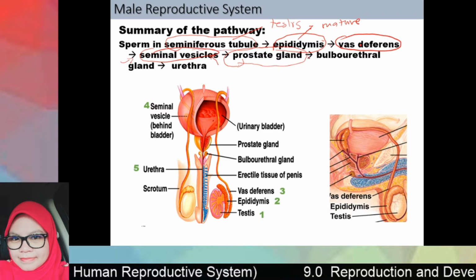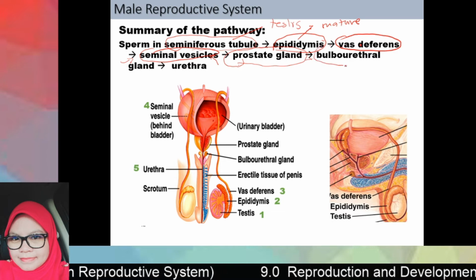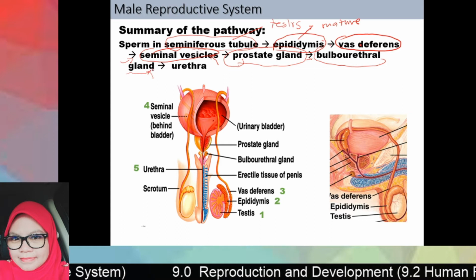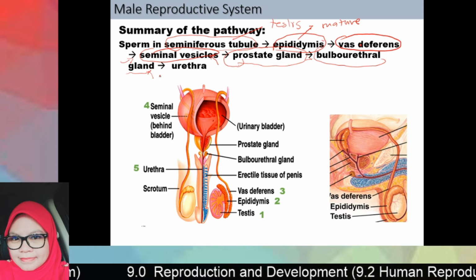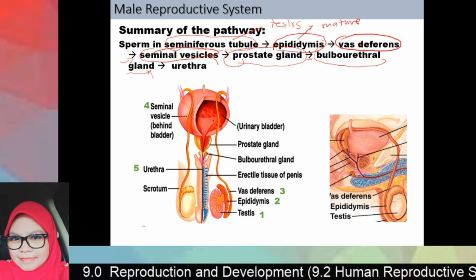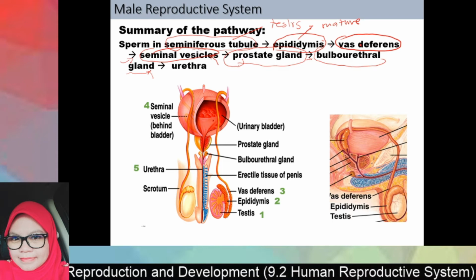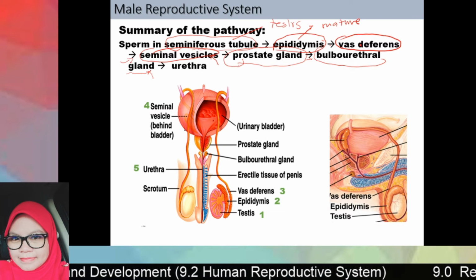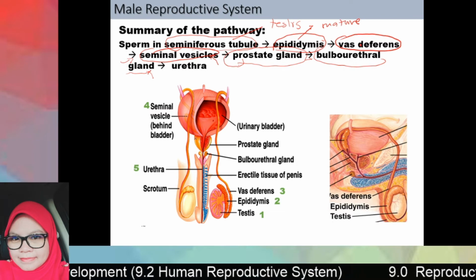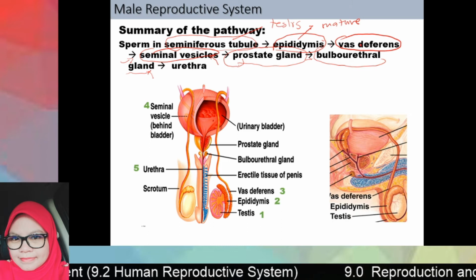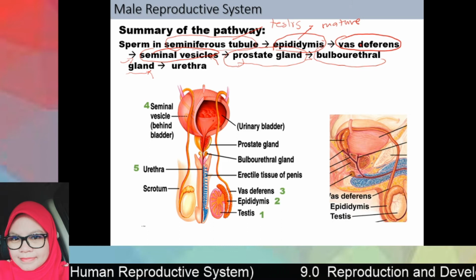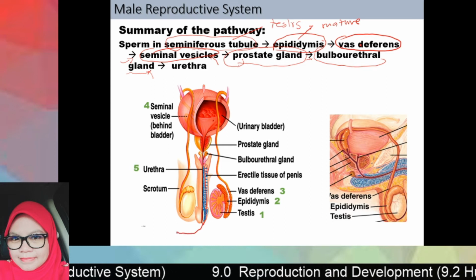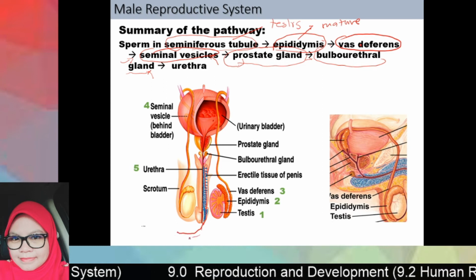And then they go to the bulbourethral gland, where this gland is going to secrete mucus. One importance of the mucus is to lubricate the penis. And then finally the semen, which consists of the fluid secretions by all these three glands and also the sperm, will go to the urethra and then will be ejaculated.